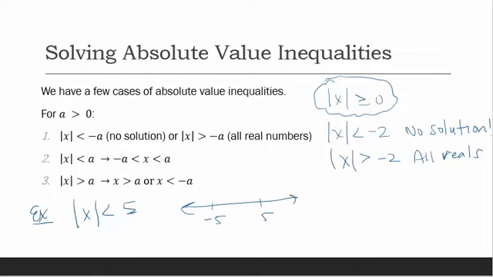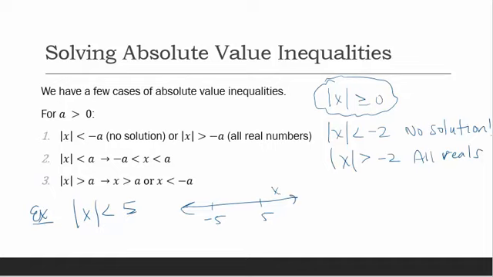Now, if you take the absolute value of 6, for instance, that's 6, and 6 is not less than 5. So the numbers over here do not work. 5 does not work because absolute value of 5 is 5, and 5 is not less than 5. But say 4.9, that will work.